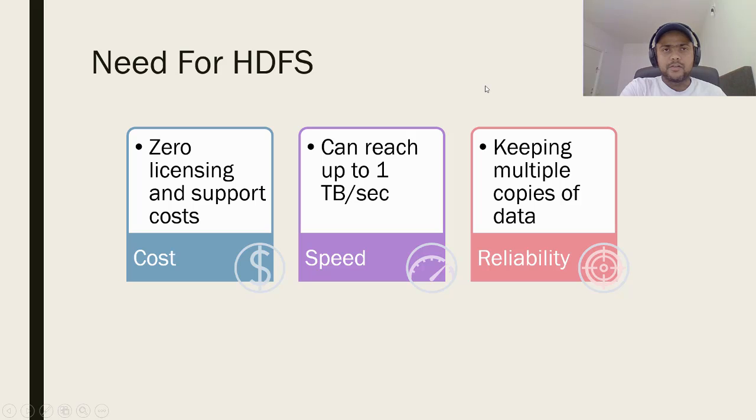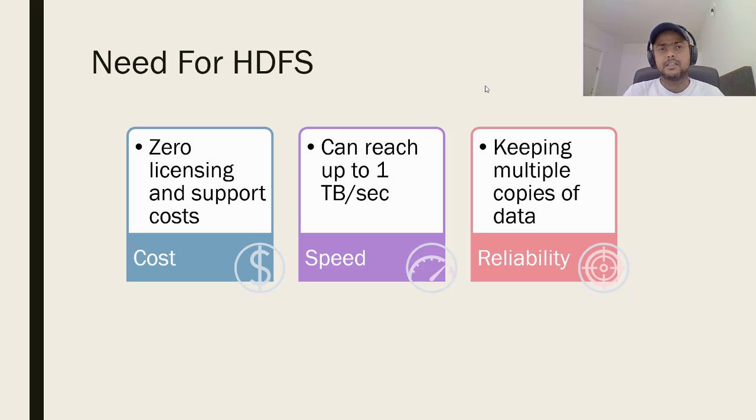So trying to fill all of these three gaps, HDFS basically creates features which can fill up the gaps created by these traditional storage systems. For example, when we talk about the cost, as we said, a traditional hard drive of 1 terabyte could cost you somewhere between $49 to $100. But when we talk about HDFS, first of all, there is no licensing and support fee. And when we talk about the speed, it can reach up to 1 terabyte per second.